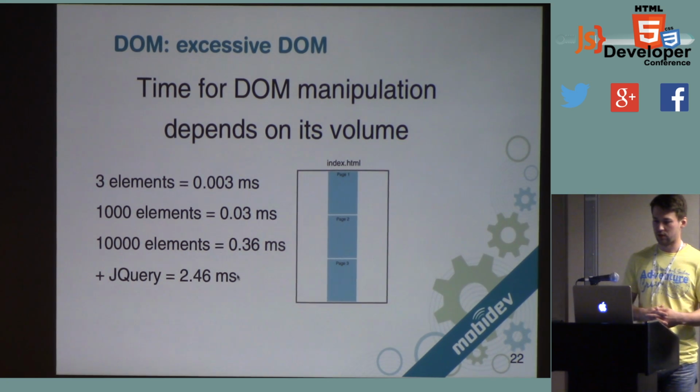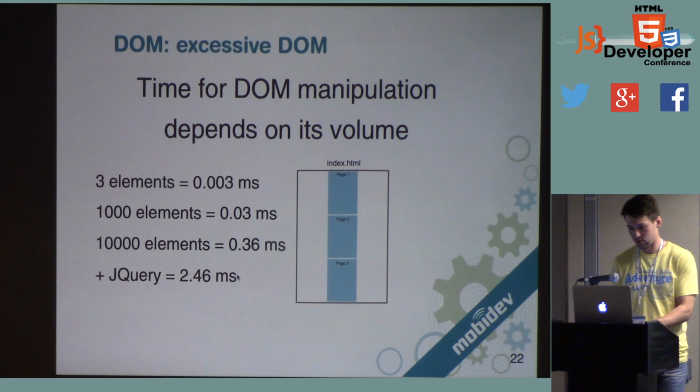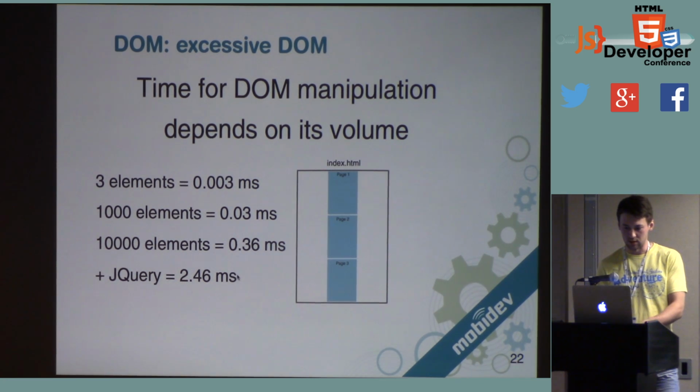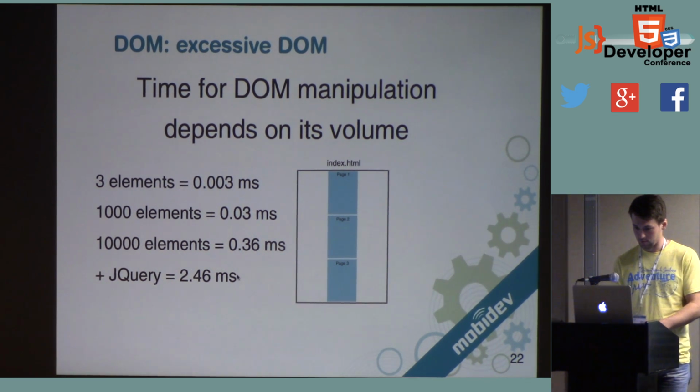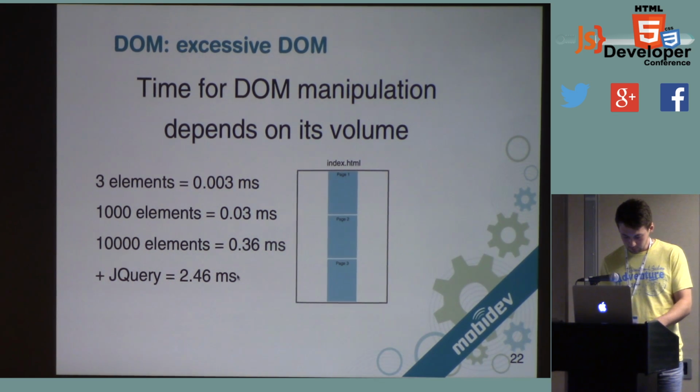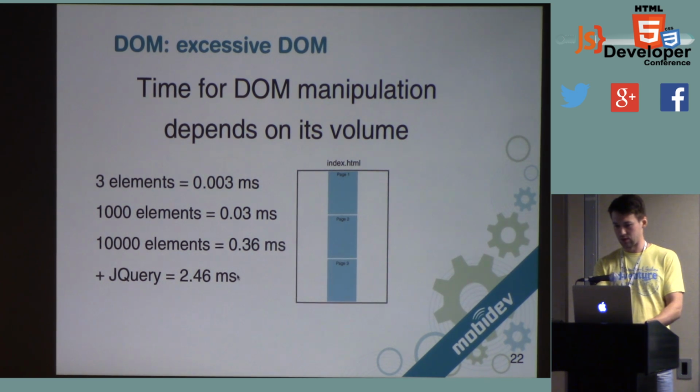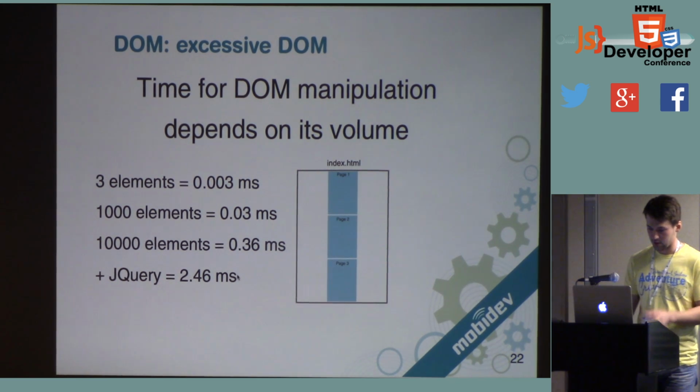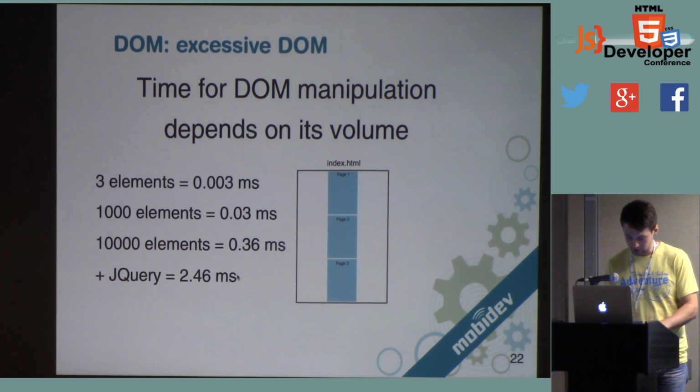But if there are like 10,000 elements, which is pretty average for an app of 10 screens, then you will notice it. It's already 0.36 milliseconds. Plus, additional libraries will also add time, so your application might lag. Of course, these are synthetic tests, but the numbers are pretty explanatory.